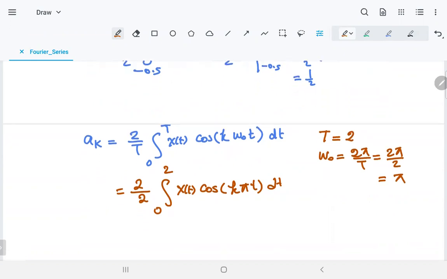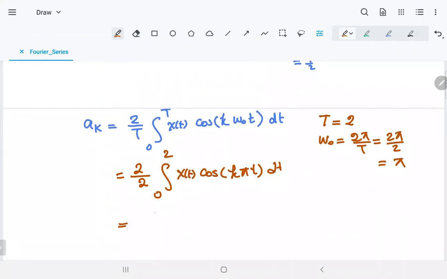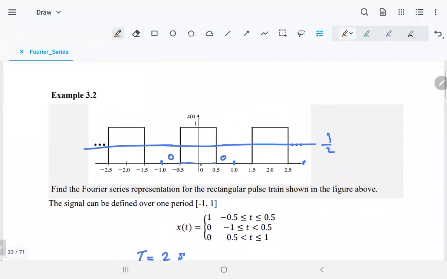Well, 2 over 2 is equal to 1. Now I look from 0 to 2. I break it into 3 periods: from 0 to 0.5, from 0.5 to 1.5, and from 1.5 to 2.